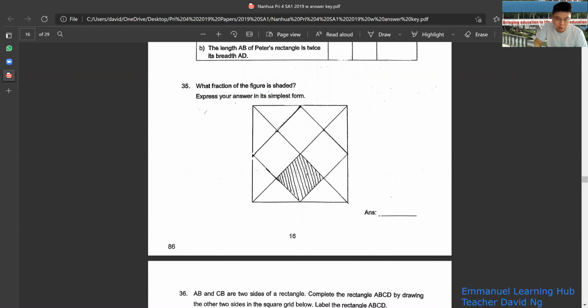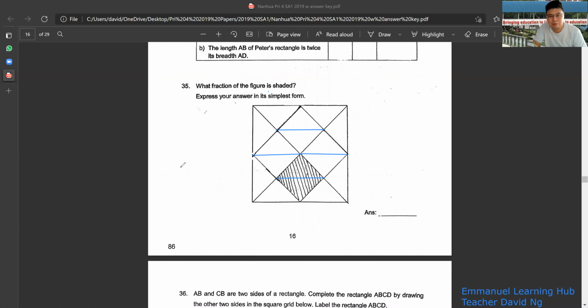I mean 4 triangles. Let me draw my triangles nicely. Now the strategy is you go and count the number of triangles you have.